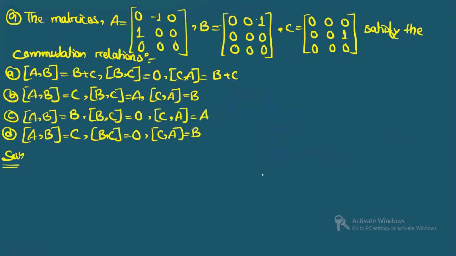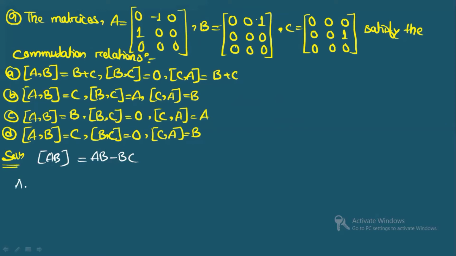Here it is said the matrix A is equal to this, B and C. So three matrices A, B, C are given to you. You will find which commutation relation these three matrices satisfy. First we will find AB. Commutation of AB is AB minus BA, right?